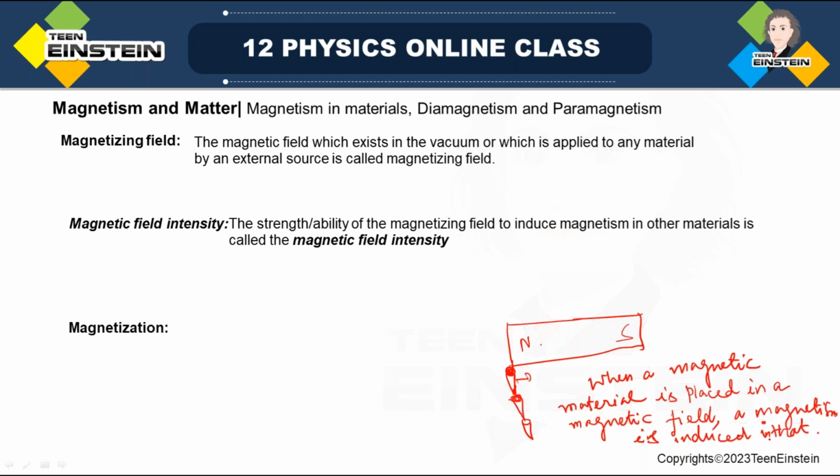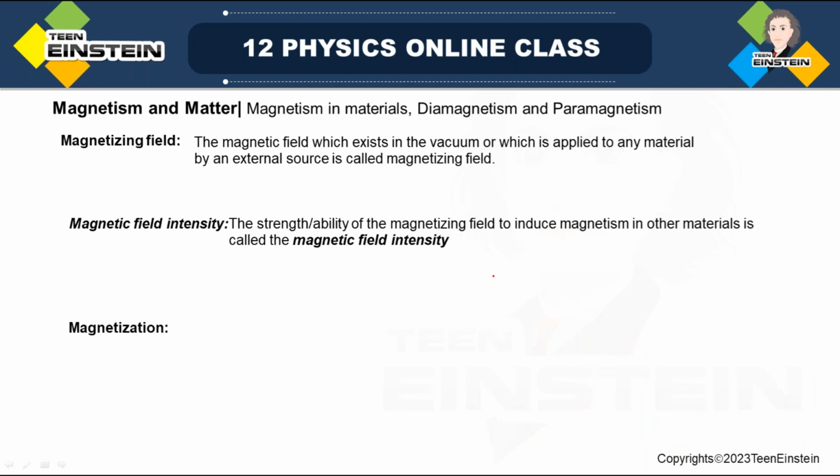This is actually magnetization. When a magnetic material upon placing in a magnetic field becomes magnetized, that is called magnetization. And so we see that we need to apply an external field to magnetize a magnetic material.